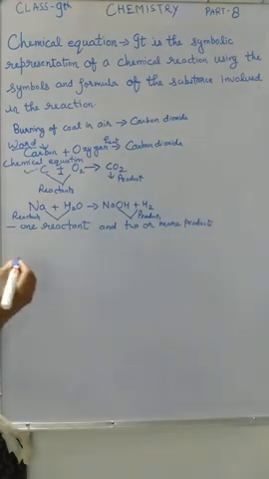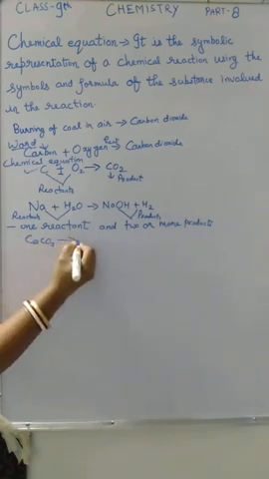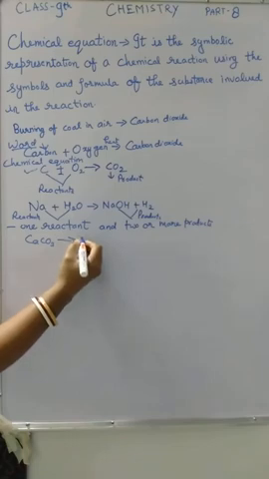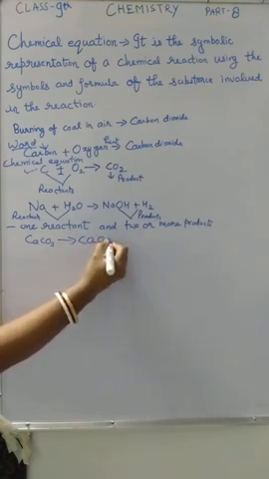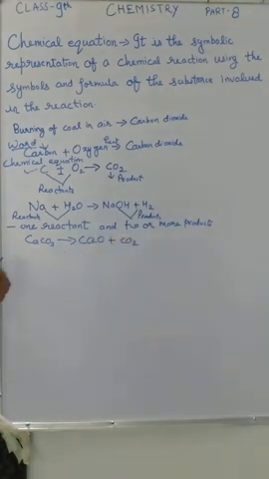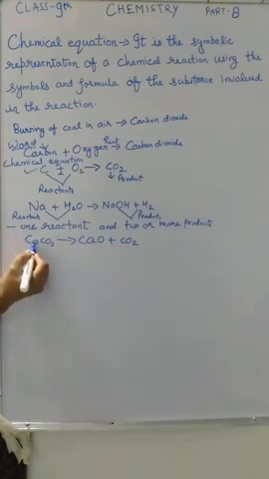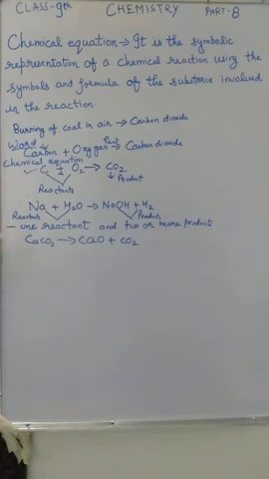For example, calcium carbonate decomposes into calcium oxide and carbon dioxide. In this equation you see one reactant and two products. So a chemical reaction may involve one reactant and two or more products.